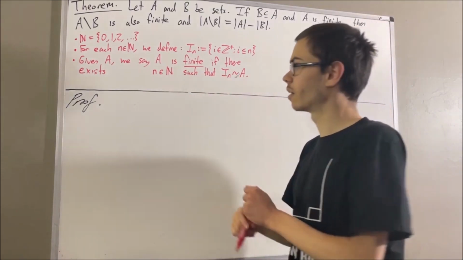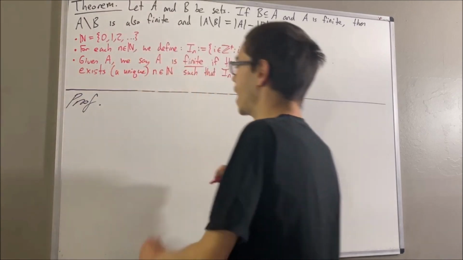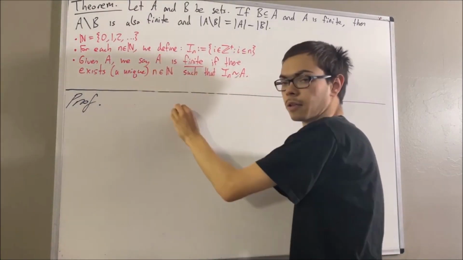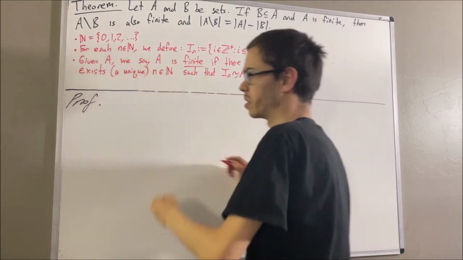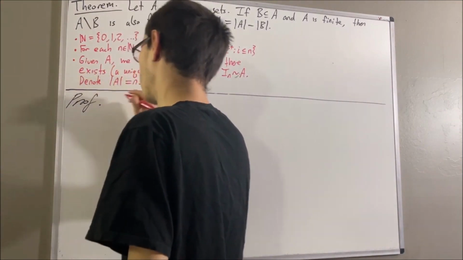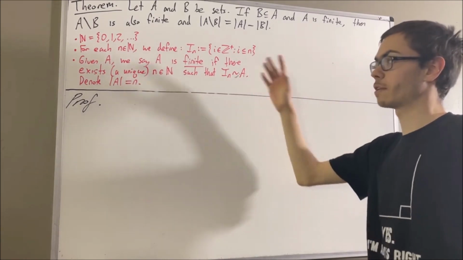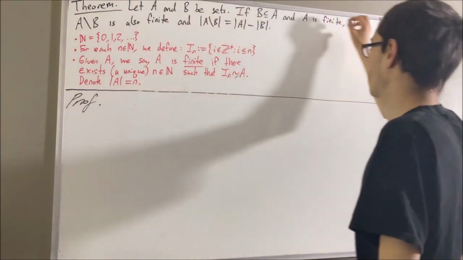So it's unique. Right? And we call this natural number the number of elements in A. And we denote it as follows.